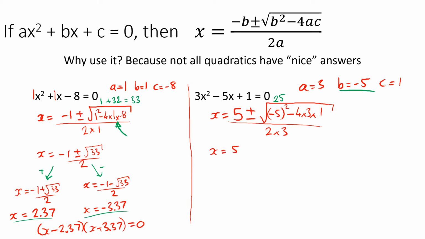Okay, so 5 plus or minus, and let's work out what this was. So 25 minus 12, that'd be 13 for that square root, wouldn't it? Yeah. So 5 plus or minus square root of 13 over 6, and then we do that once with a plus and once with a minus. So one possible answer would be 5 plus root 13 over 6, and one possible answer would be 5 minus root 13 over 6.